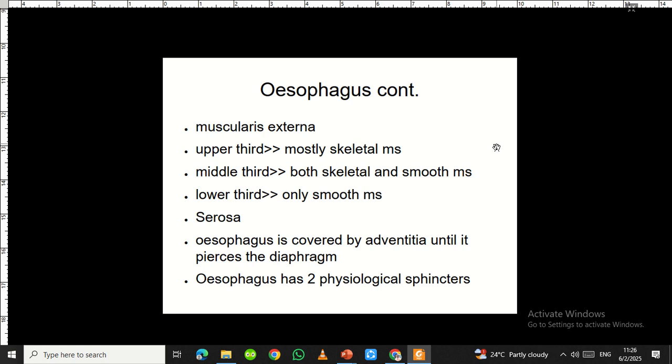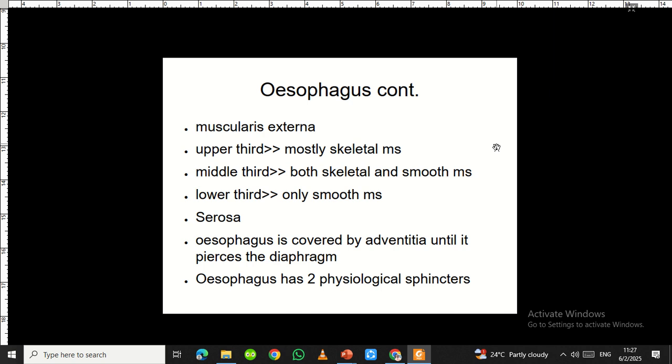Up until it pierces the diaphragm by the esophageal hiatus at the level T10. You remember from gross anatomy, right? Good. So once it is now in the abdominal esophagus, it's going to be surrounded by peritoneum. So therefore, this esophagus is going to now possess serosa instead of adventitia, right?